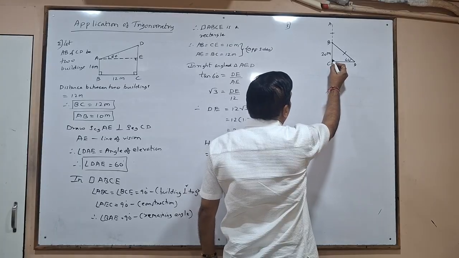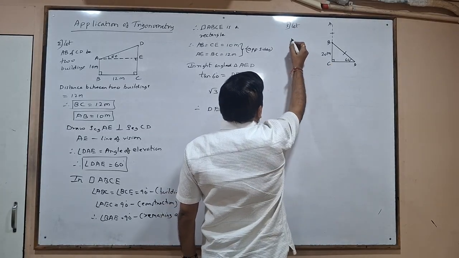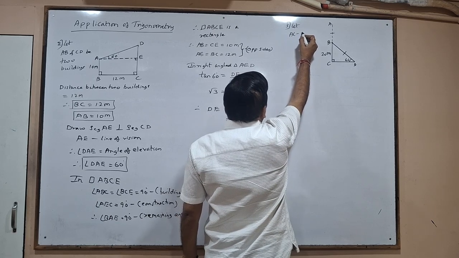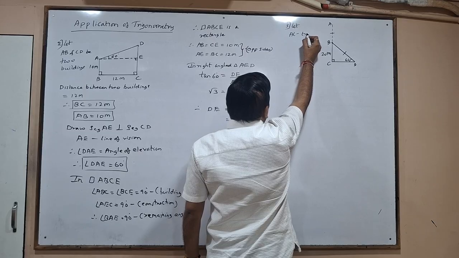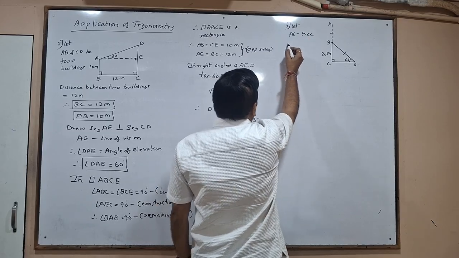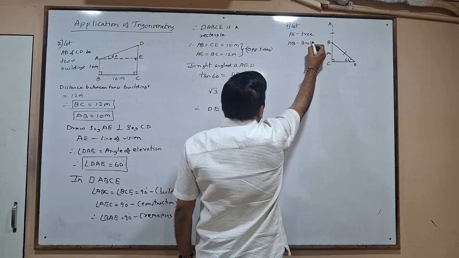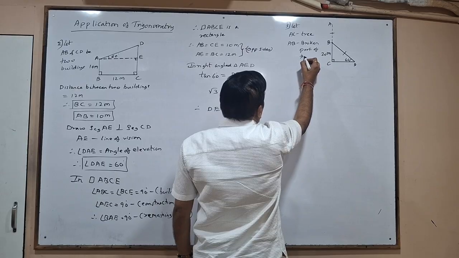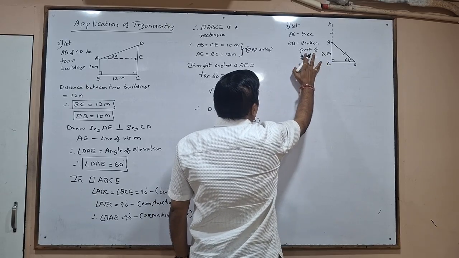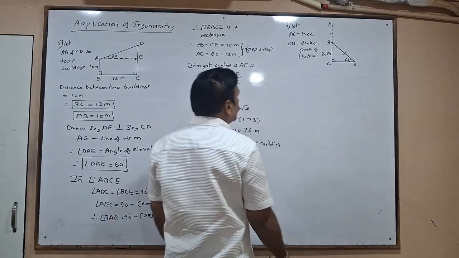Means I want AC. Let AC is the tree, AB broken part of the tree.